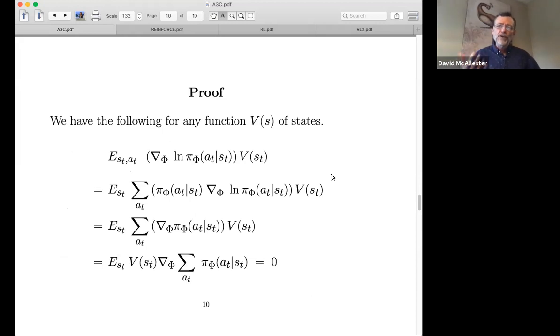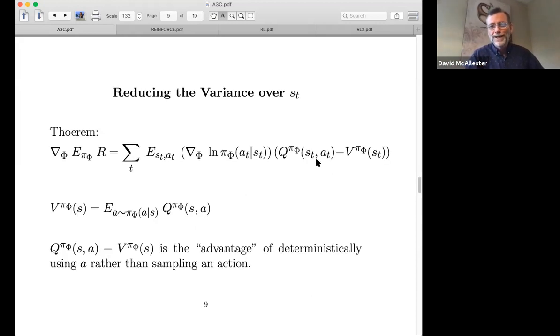So now we have to train, but first there's a proof that this equality is actually true. I first want to prove that I can add this term, and if this is defined to be the true Q function, and this is defined to be the true value function, this equality still holds.